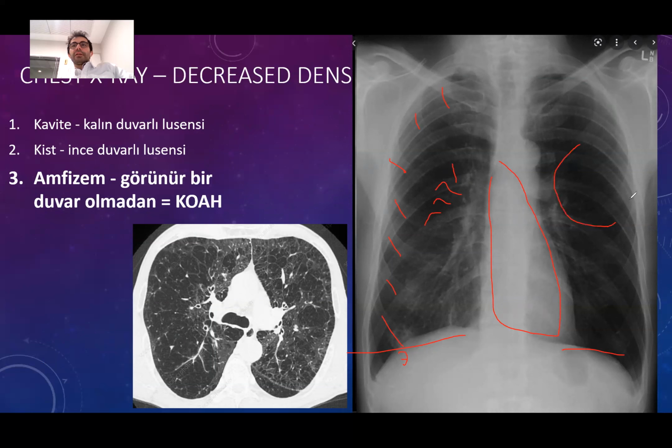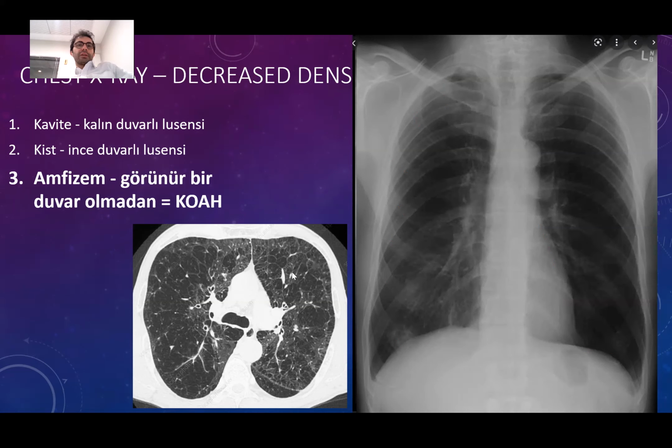But areas like this, for example, have very little bronchovascular appearance at all. So it is basically absence of lung tissue. You cannot define a demarcated lesion here. This is chronic obstructive lung disease, basically.